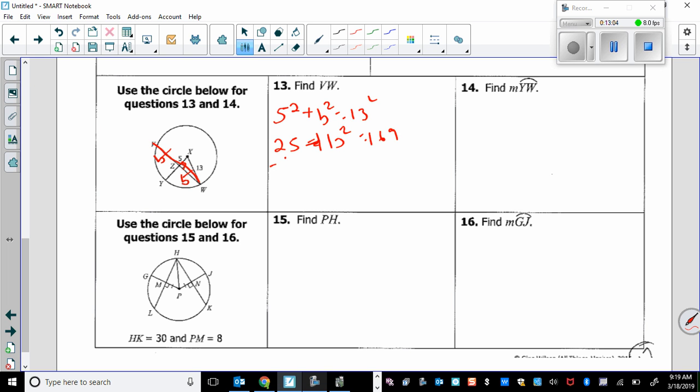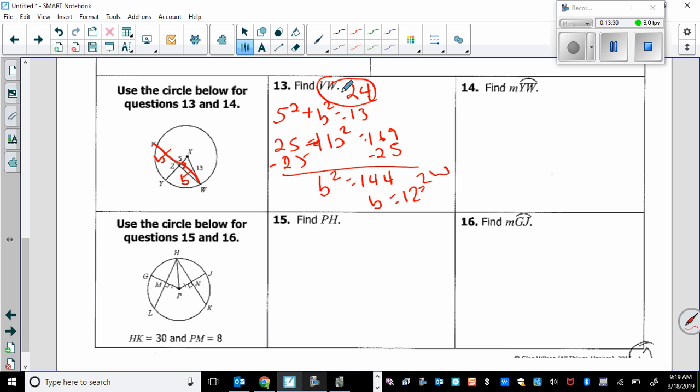So you have to do minus 25 from both sides. So b squared is going to give you 144. B would be 12. Okay, so B is 12, which is equivalent to ZW, right? But the question is, what is VW, which is 12 plus 12, which gives you 24.